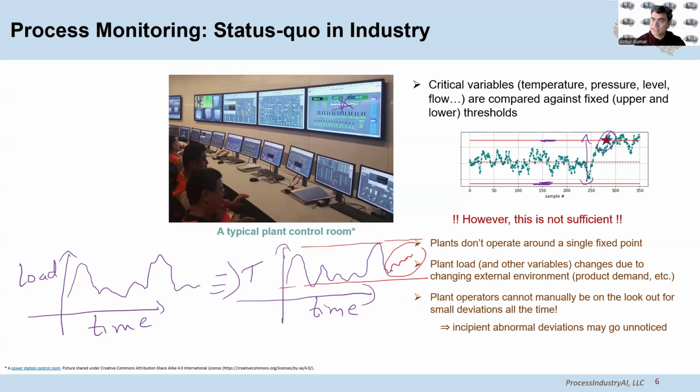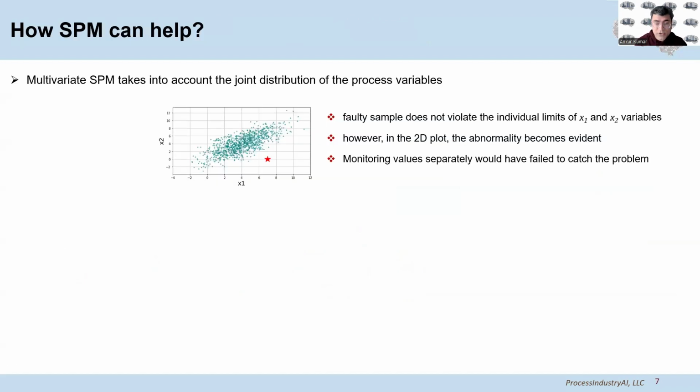And this is where SPM can help, because SPM takes into account the joint distribution or the correlation among the process variables to alert the plant operators if any plant data begins to show a behavior which differs significantly from the normal behavior of the plant.